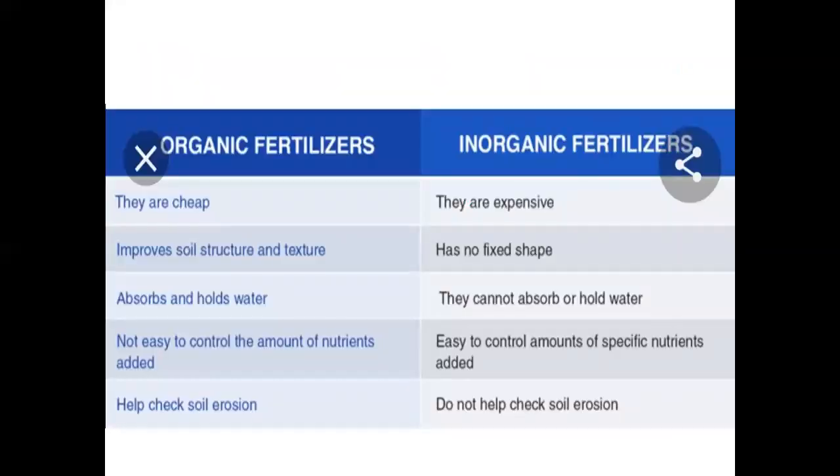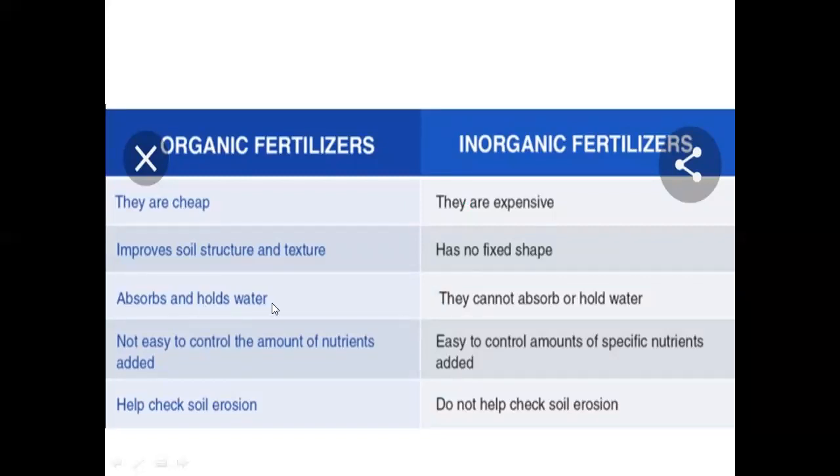The comparison is between the natural fertilizers, which are also called organic fertilizers, and inorganic fertilizers, which are called synthetic fertilizers. Organic or natural fertilizers are cheap, while synthetic fertilizers are expensive. The natural fertilizer improves soil structure and texture, and the synthetic fertilizer has no fixed shape.